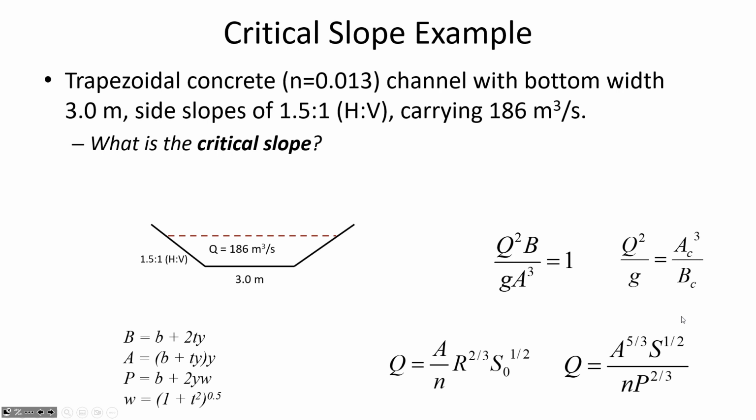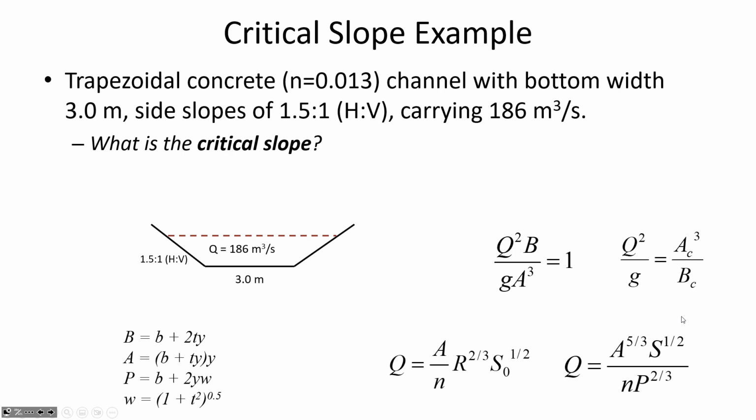Okay, so we've got the wetted perimeter. Let's also define the area. So the area is 3 plus 1.5 times 4.121 times the depth, 4.121.